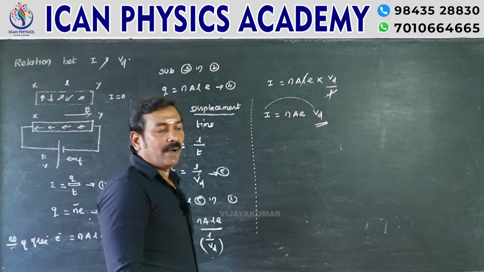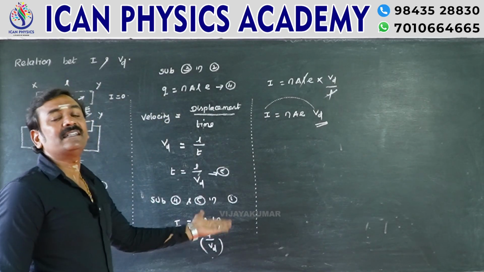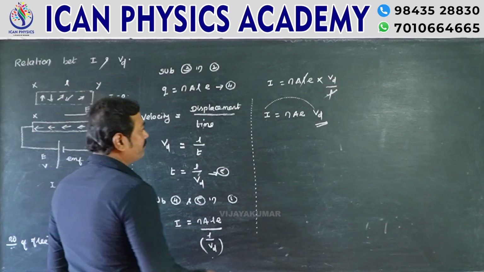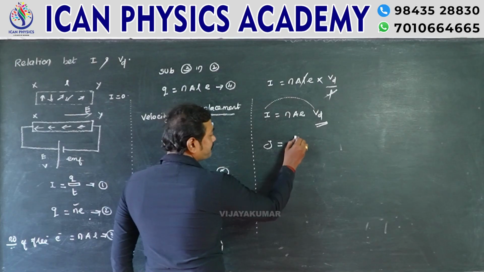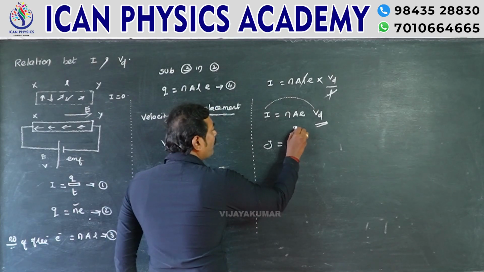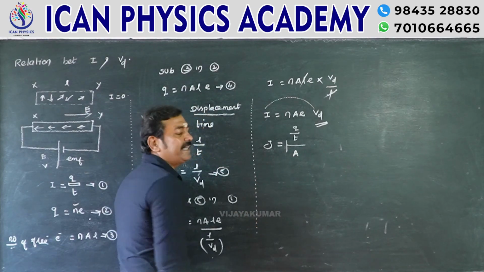Now if the same question is asked slightly differently, it could be: relation between current density and drift velocity. Current density is defined as the rate of flow of charges taken perpendicular to the unit area.